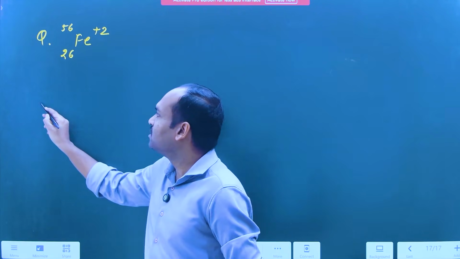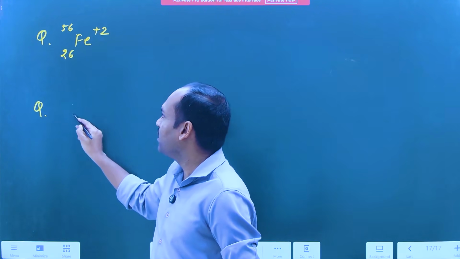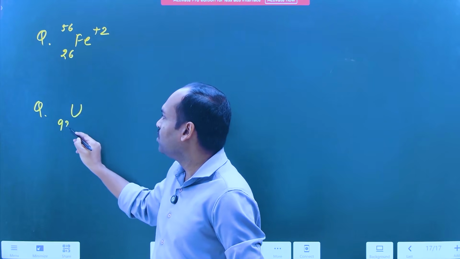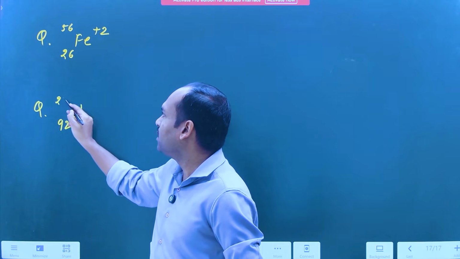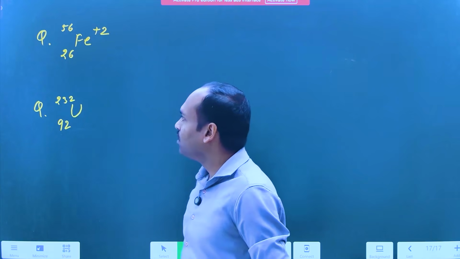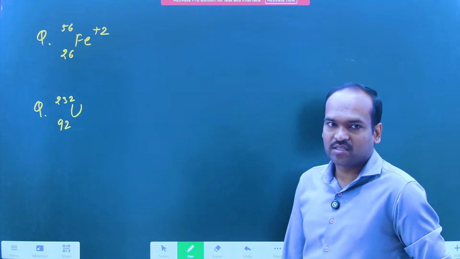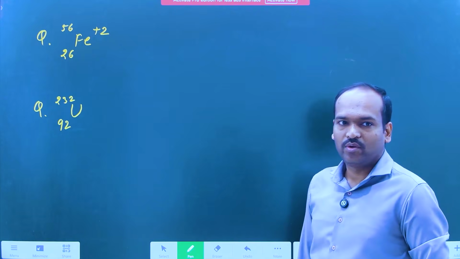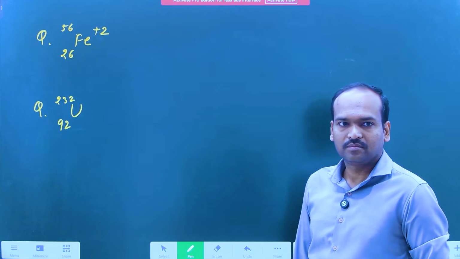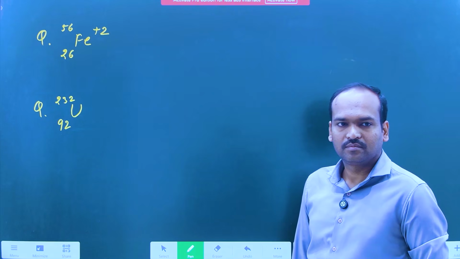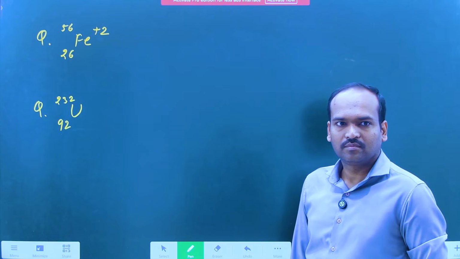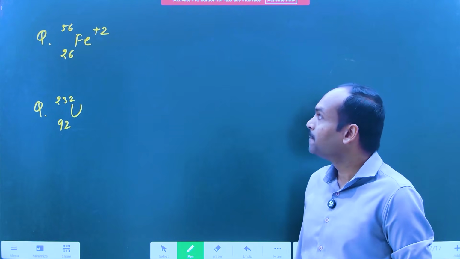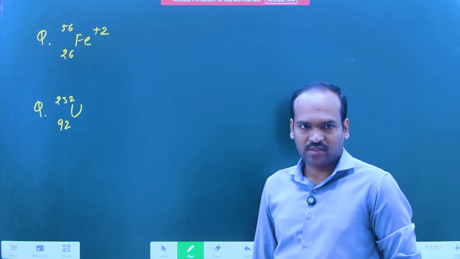Next, suppose we have uranium 92, mass number 232. Can you guess all the particles, the number of protons, electrons and neutrons? We'll cover that tomorrow.